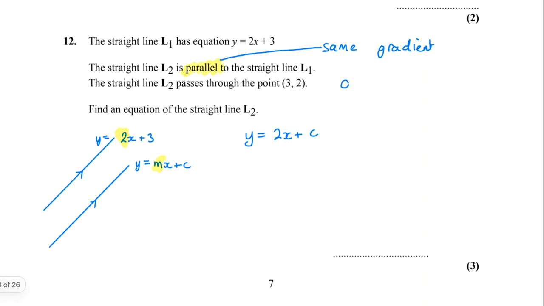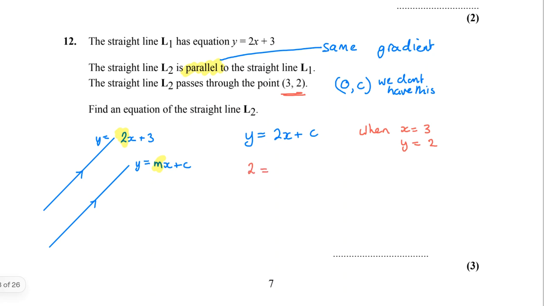Well, there's no 0, c coordinate. We don't have that. But we do have this coordinate, which is when x equals 3, y equals 2. So we can put that in.